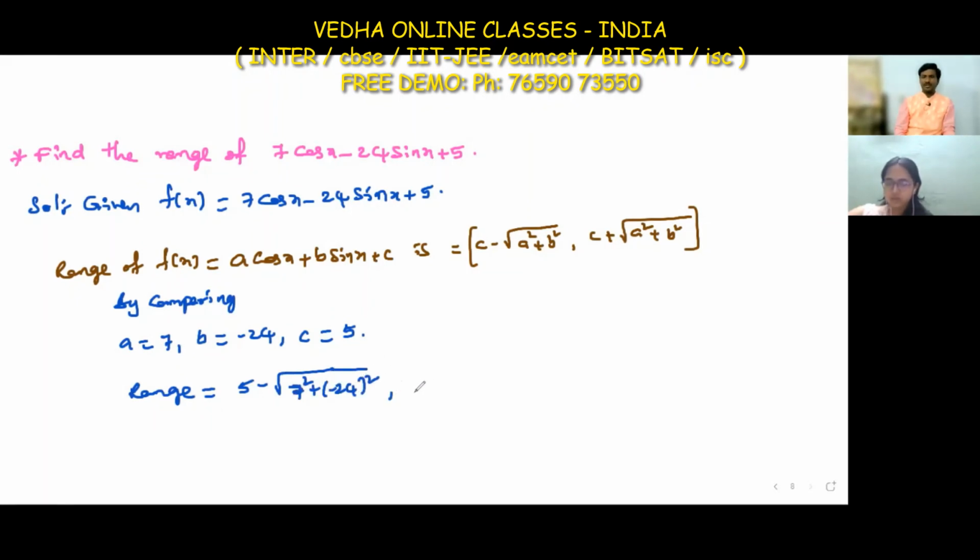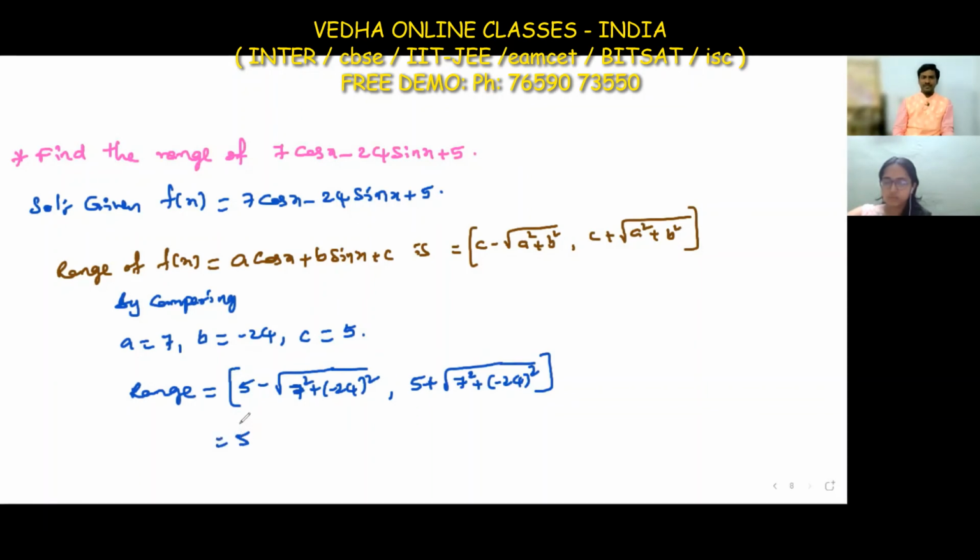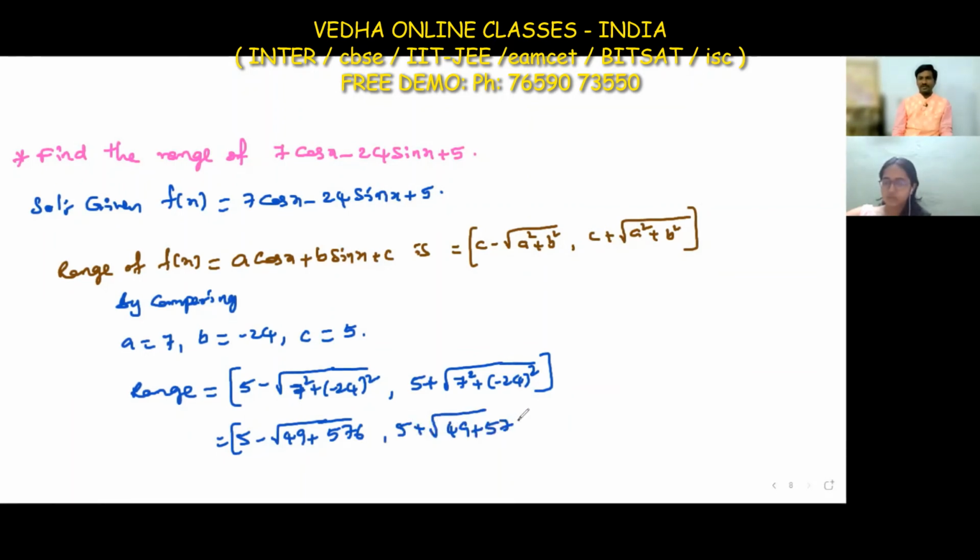When we square, we get positive. 5 plus root of 7 square plus minus 24 square. So 5 minus root of 49 plus 24 square. What is 24 square? 576.